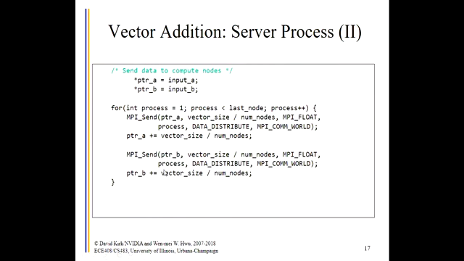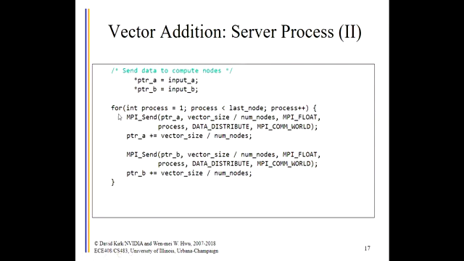This loop is the loop of the data server that will be distributing data to the compute nodes. So it will iterate from, actually this should be 0 to the last compute node. This code is actually inconsistent with the other node, so I'm going to need to go and correct this.